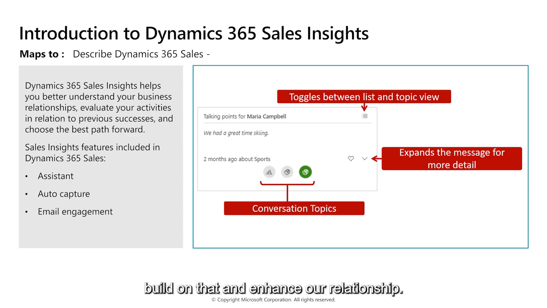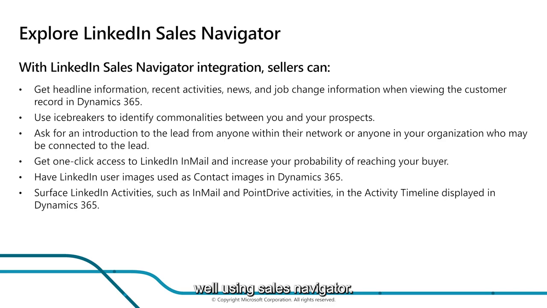We can then build on that and enhance our relationship. Now, when we looked at Dynamics 365 for Marketing, we talked about LinkedIn integration. And Dynamics 365 for Sales has LinkedIn integration as well, using Sales Navigator. What this does is integrate LinkedIn Sales Navigator with Dynamics 365 for Sales to provide a seamless experience between Sales Navigator and Dynamics 365.